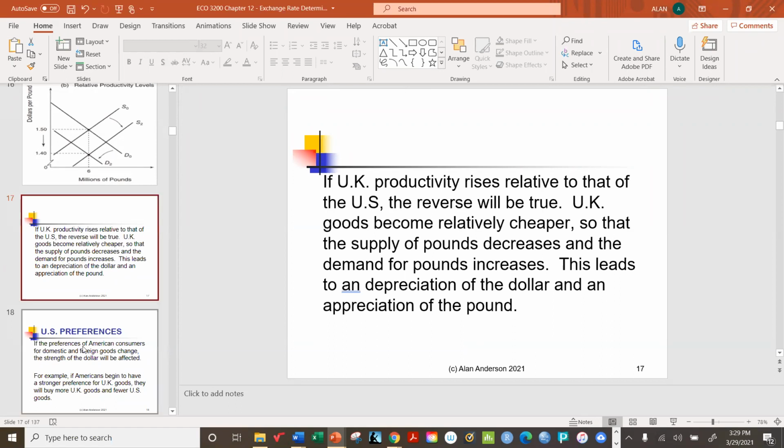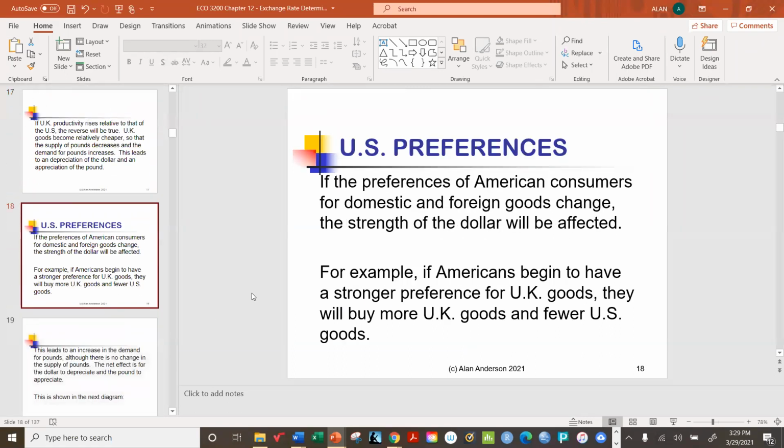Now, what about preferences? What is this all about? This is basically consumer tastes. Sometimes Americans will want to buy more foreign products than they used to, or it could go the other way around. So, in other words, tastes of consumers can affect the strength of the dollar.